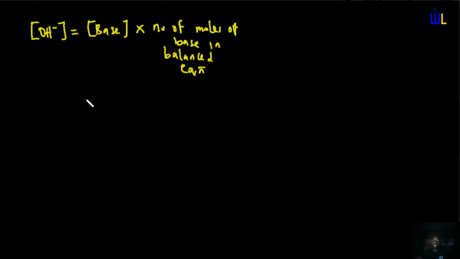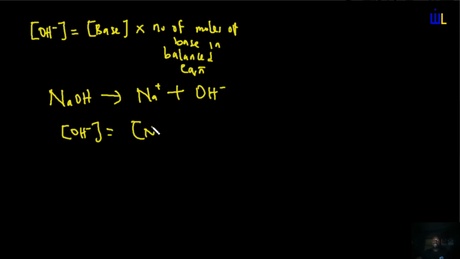So if for instance I had something like NaOH dissociating, it will give me Na+ plus OH-, and this simply implies that when I'm looking for the concentration of OH-, it is going to be the concentration of NaOH multiplied by how many OH do we have here? 1, and that's that. Now why I'm bringing up all these things is because the questions you might be seeing would have a lot of twists, and those twists are usually with respect to these things. So I hope this is fully understood.